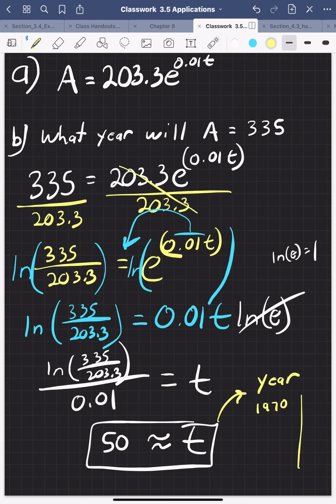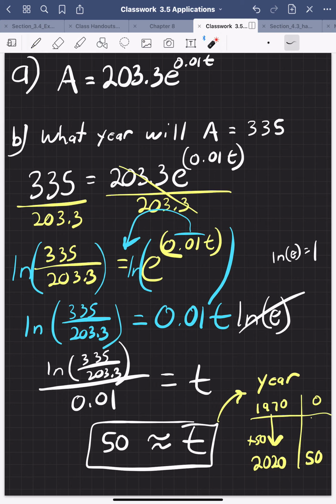That's year 0, or t is 0. If we add 50, then we'll be at the year what? 2020. Right, so that would be 50.